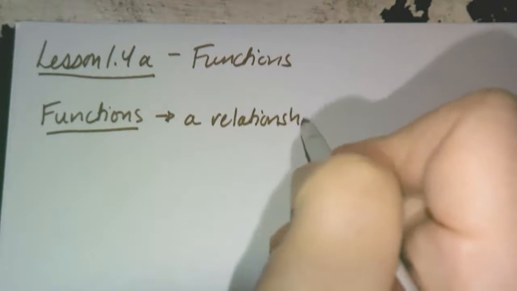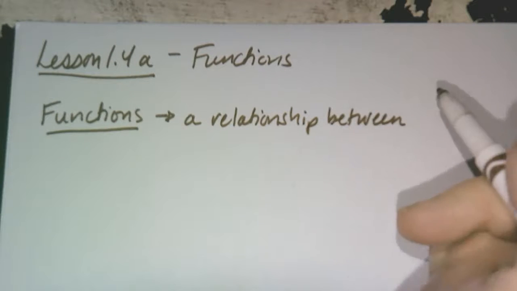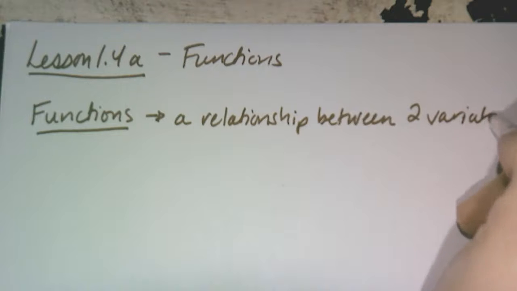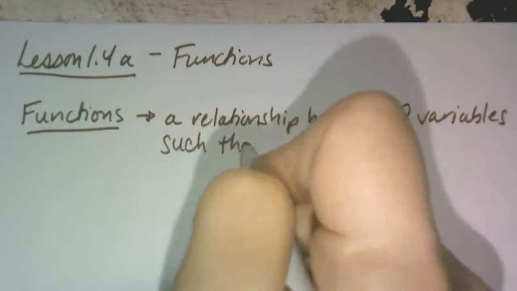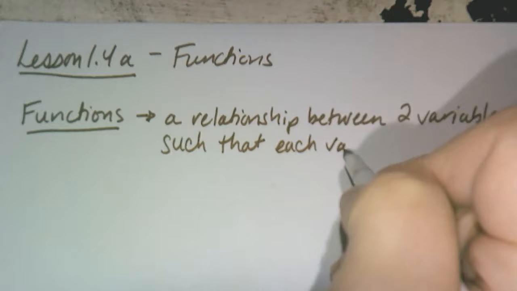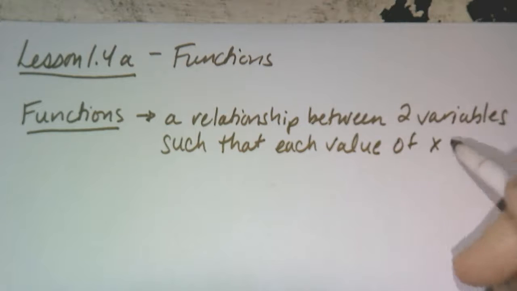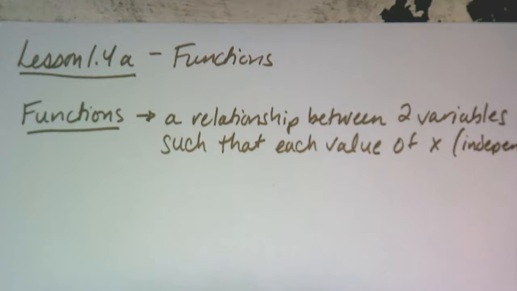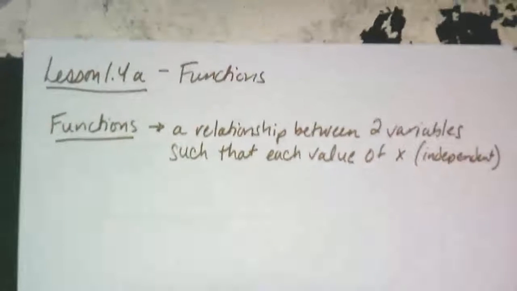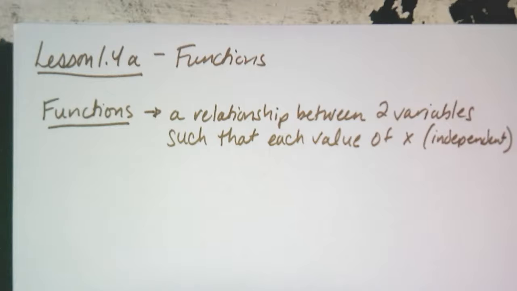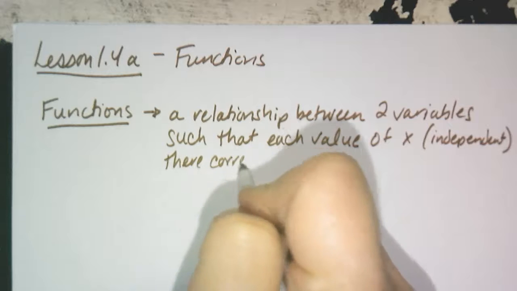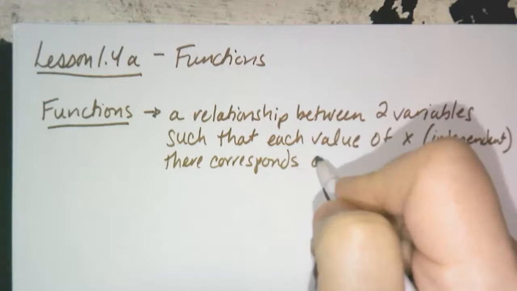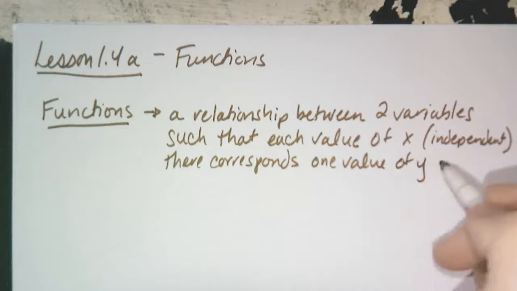It is a relationship between two variables such that each value of x, and x is known as your independent variable, there corresponds one value of y, which is your dependent variable.